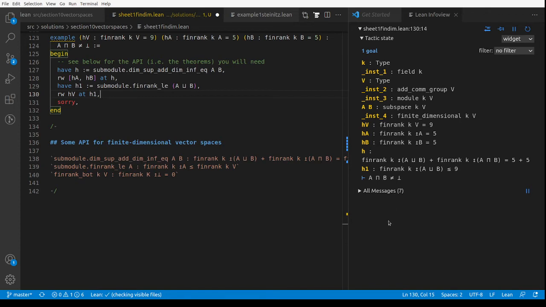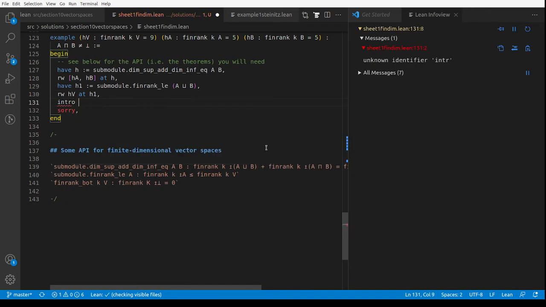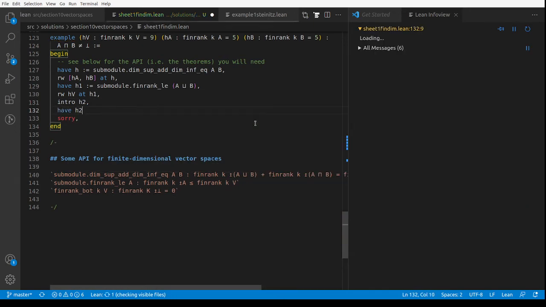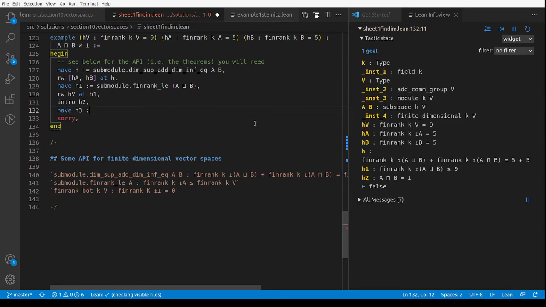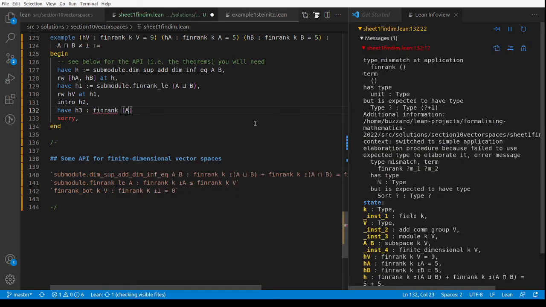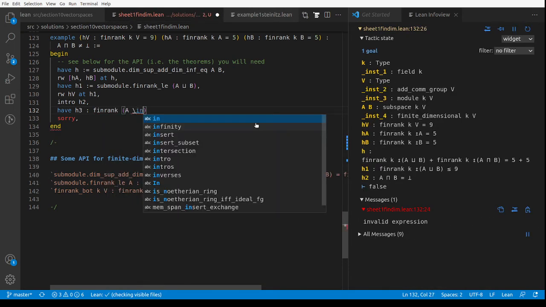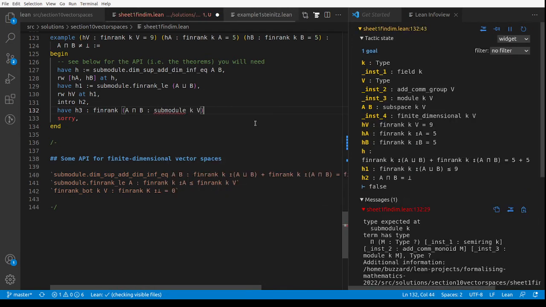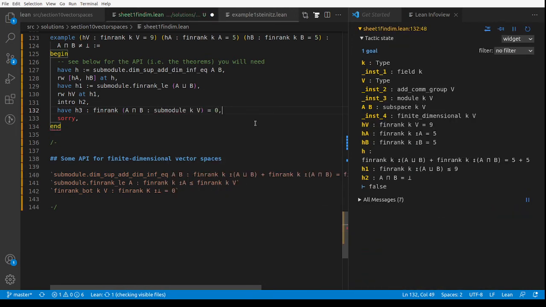And I guess we're going to prove this by contradiction. So we could intro H2: A intersect B is bot. And then have H3, which says that the fin rank of A inf B as a submodule of V is 0.